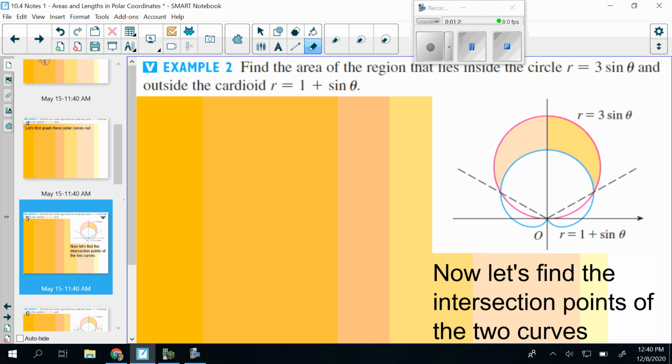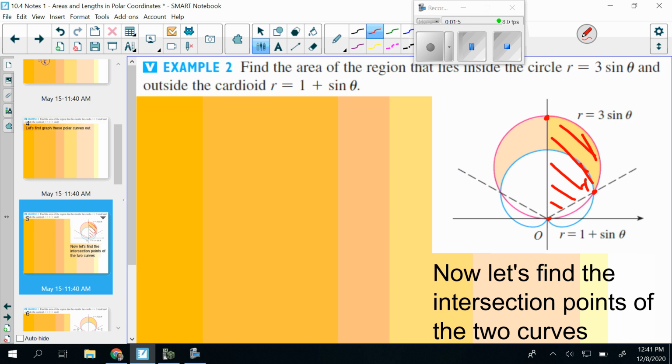So we're trying to find that orange area in between them. In order to do that, if you recall how area works, if we were just doing the circle and I started right here and wanted the area of the circle from this point to this point, I'd have to find those two angles, and it would give me all this area carved out inside of that circle.